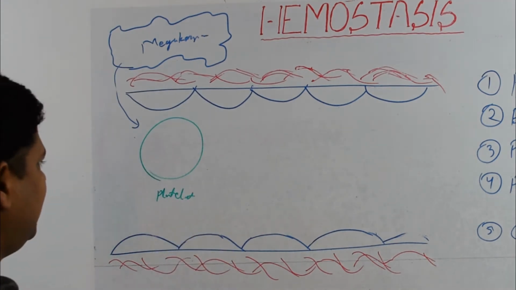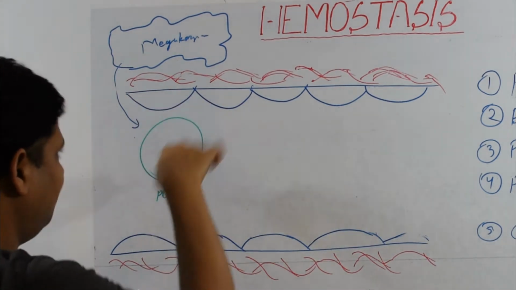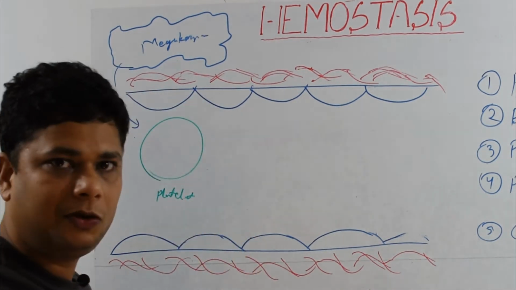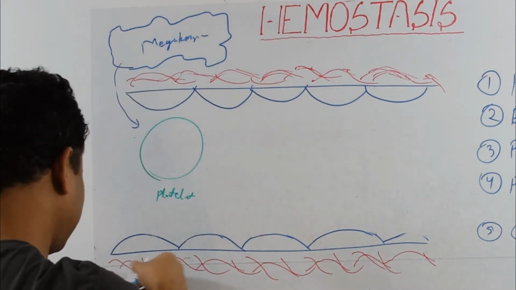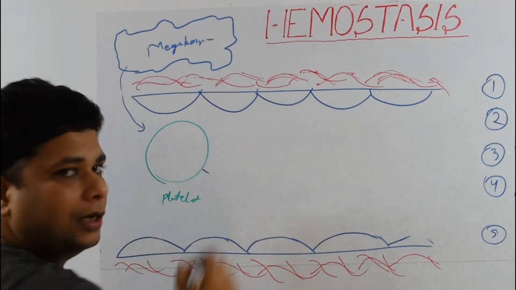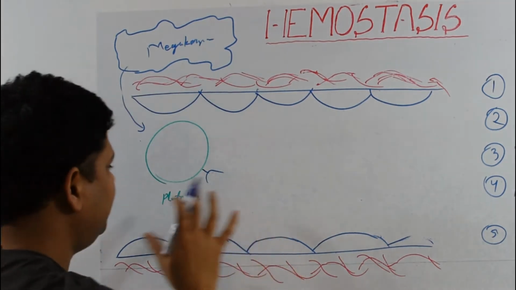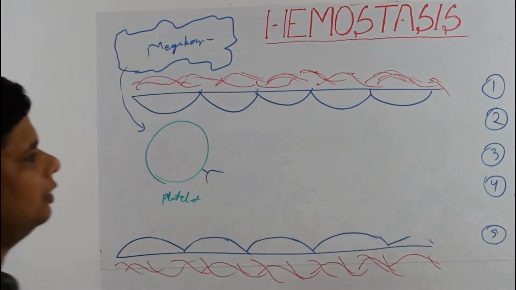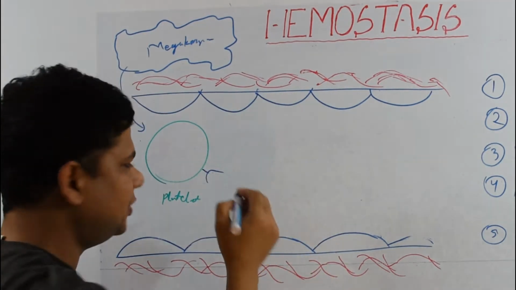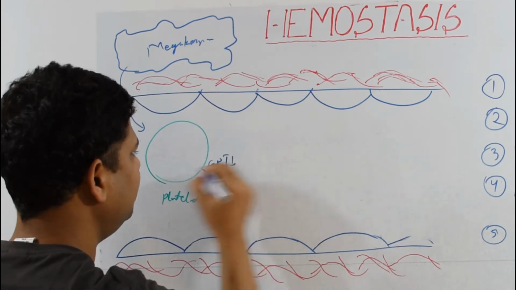What is the component and structure of a platelet? Platelet has a membrane which is similar to the smooth endoplasmic reticulum of the megakaryocyte. And this membrane contains several receptors. The important receptors needed for this cascade are: first, glycoprotein receptor GP1B.